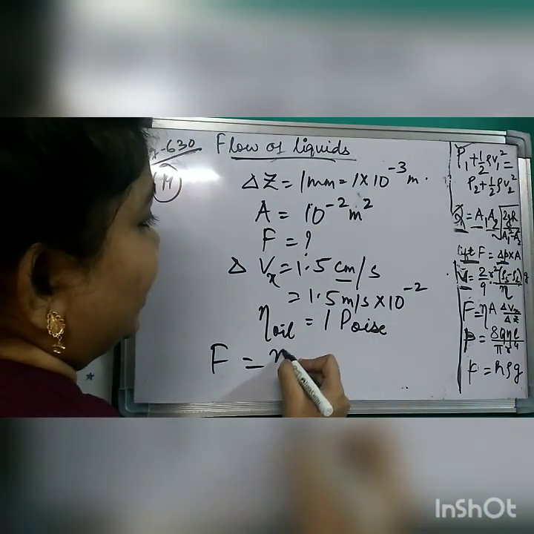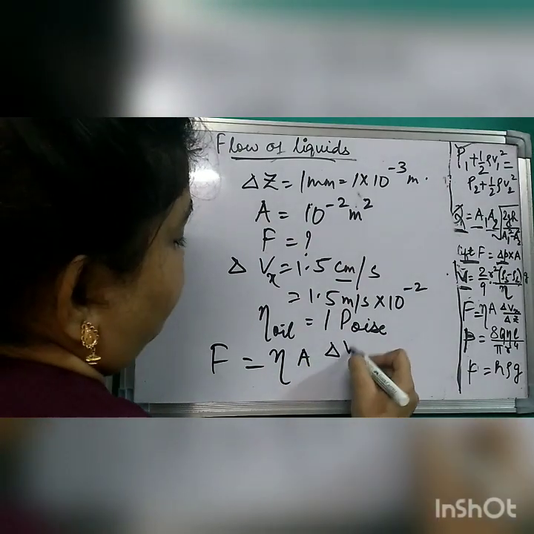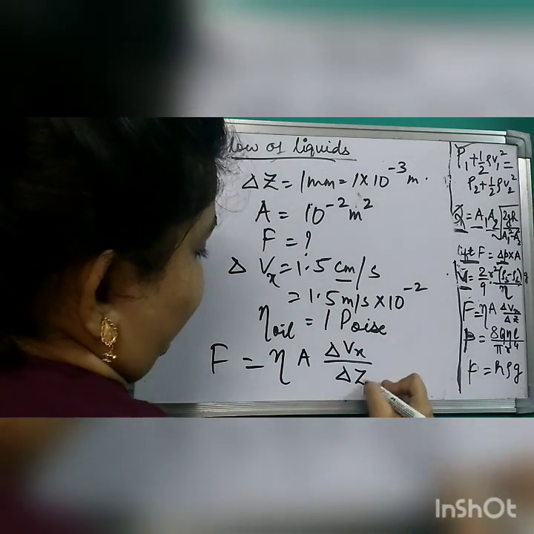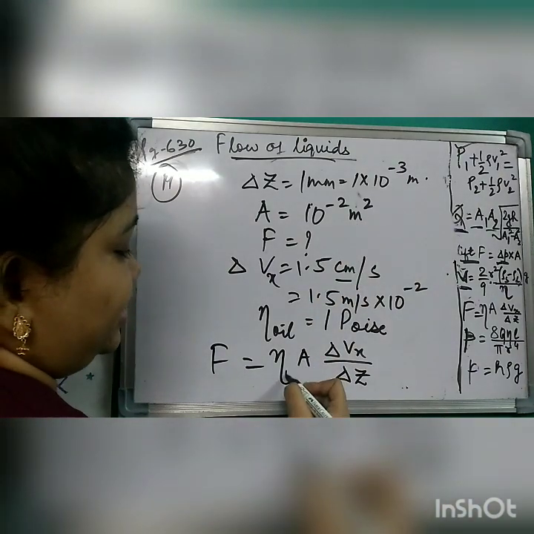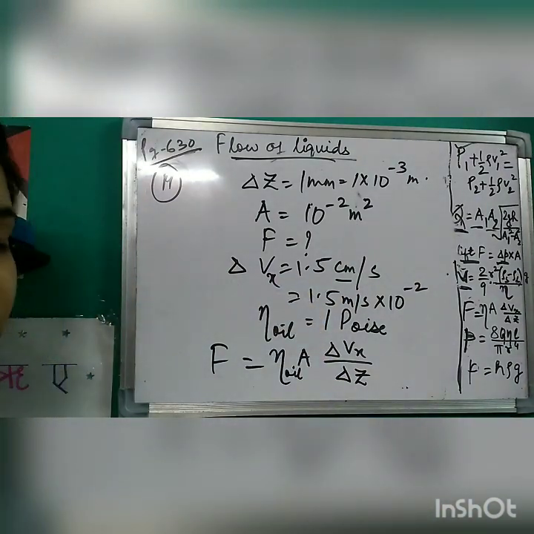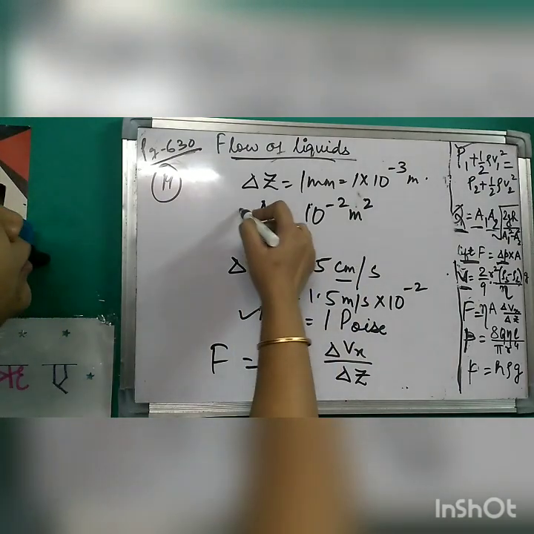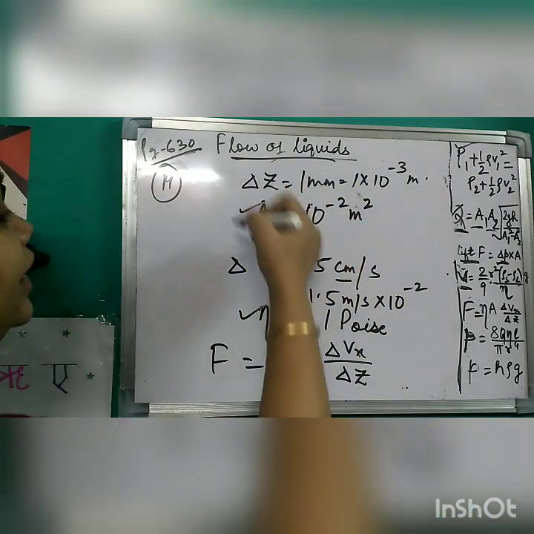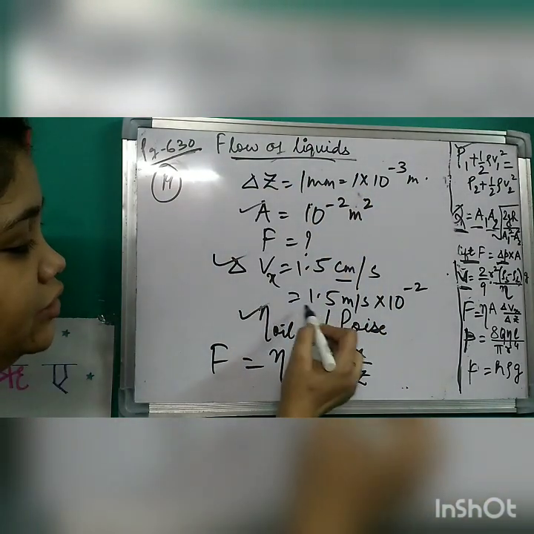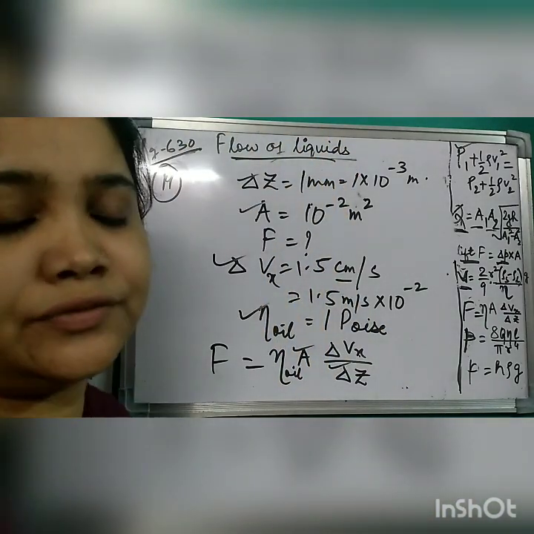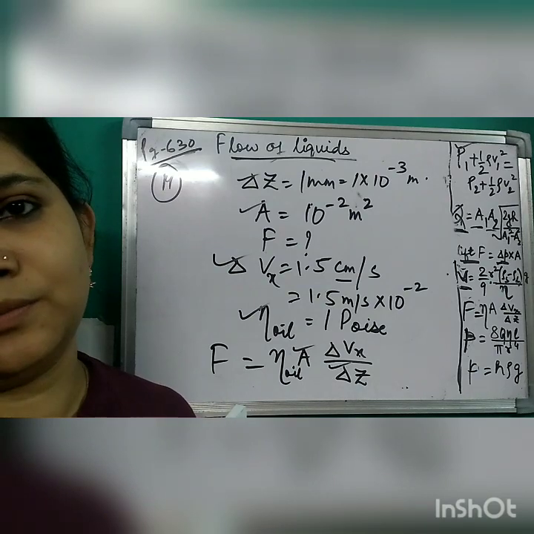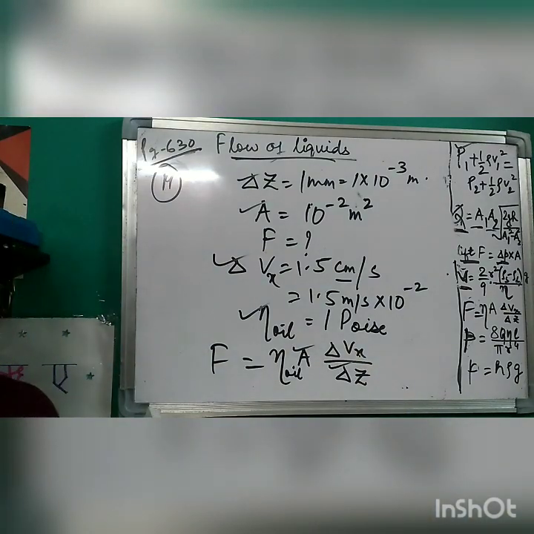We are finding the force F equals eta A delta Vx by delta Z. It's a simple thing. Here we are taking oil, so that means eta of oil. You know eta, you know A, you know delta Vx, we have just converted into meter, you know delta Z, put the values, solve, and you get the answer of how much force is required.